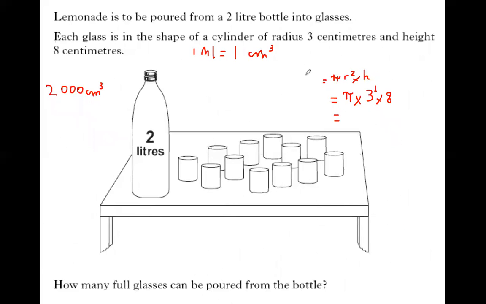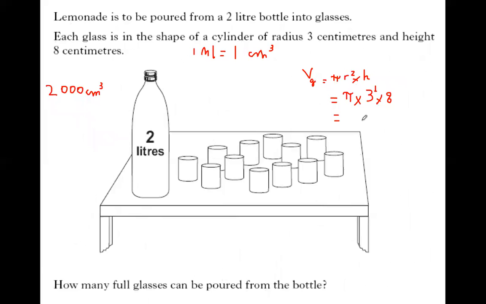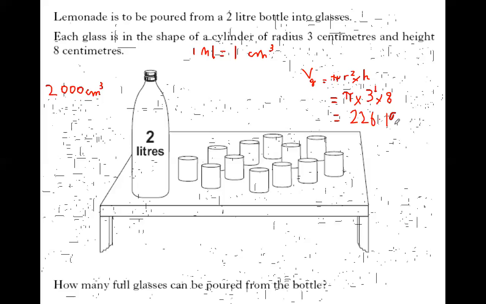If you want, you can put V with a small g there, so you know what you're doing. So pi times 9, so 9 pi times 8, that is 72 pi, which is 226.194. We're just going to round it to 226.19.